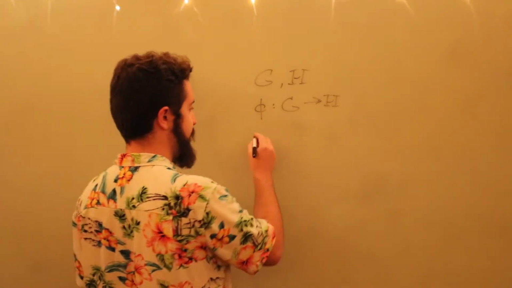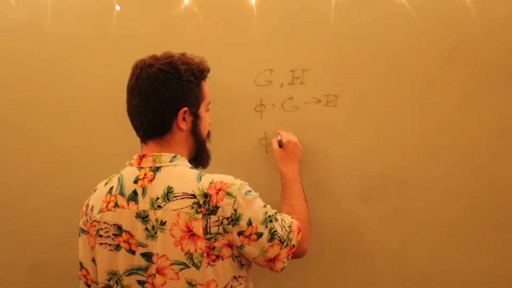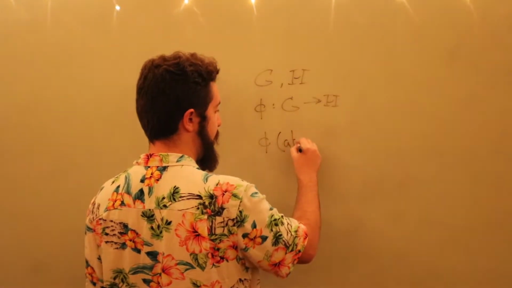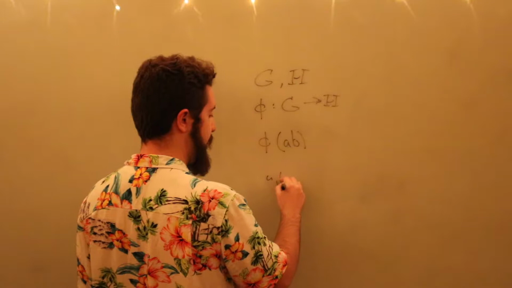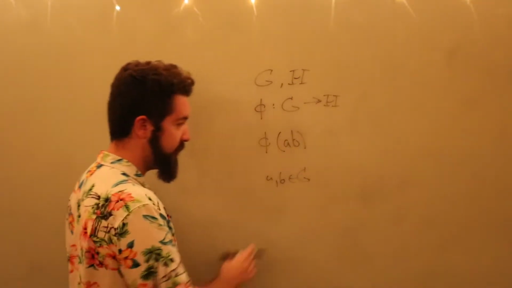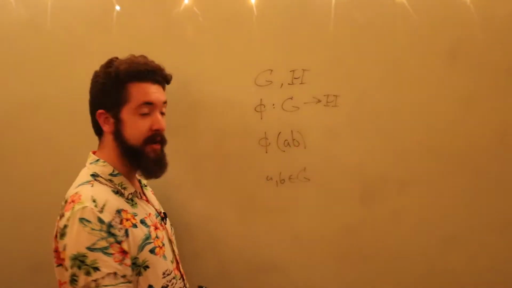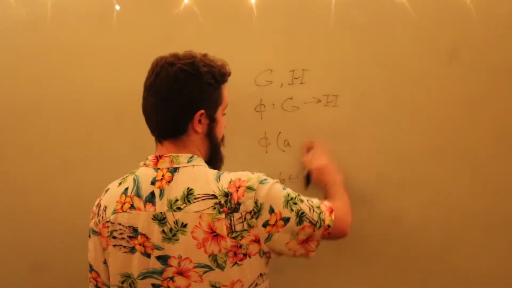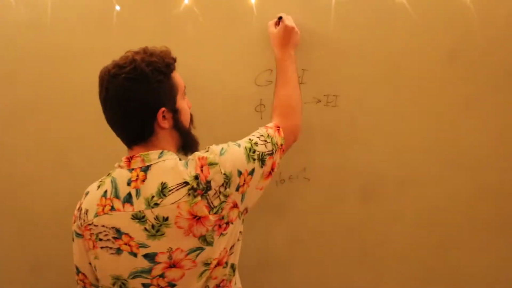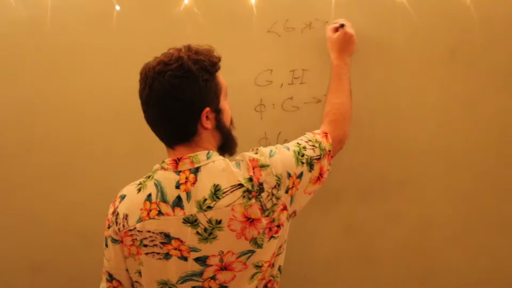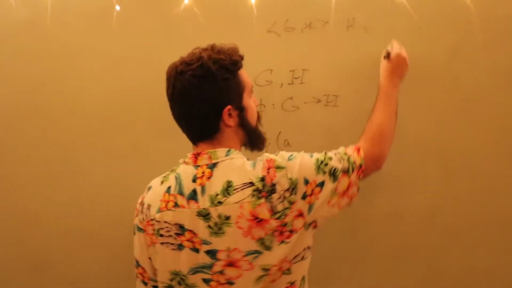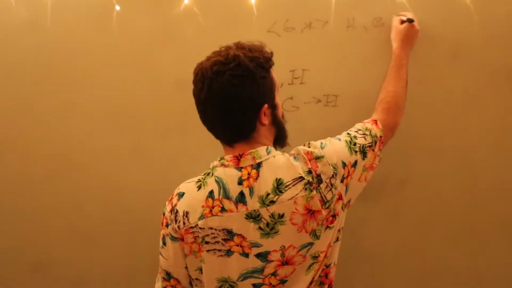and that is this. Suppose phi of A times B for any A and B in the group G. So this is the multiplication operation in G. Just to be sure, I'll write G asterisk and H with a little tensor product symbol.